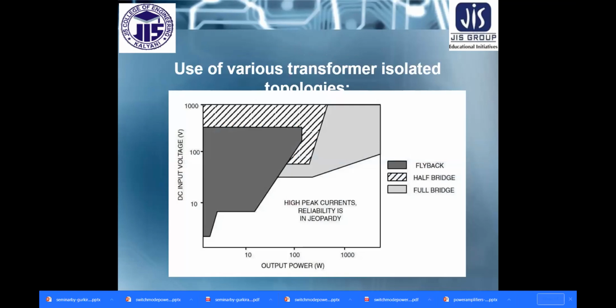Use of various transformer isolated, if we use different types of transformer, if it is flyback, if it is half bridge, if it is full bridge, then different high peak current can be shown over here. These are just for your information.